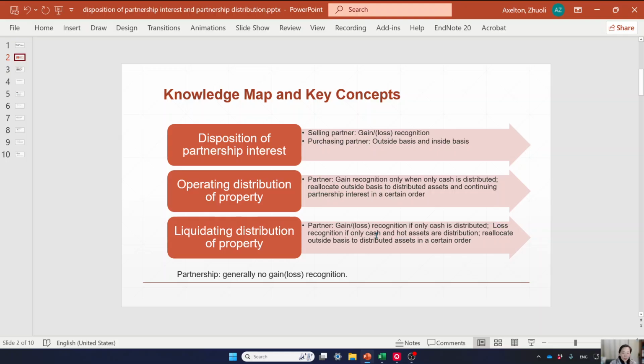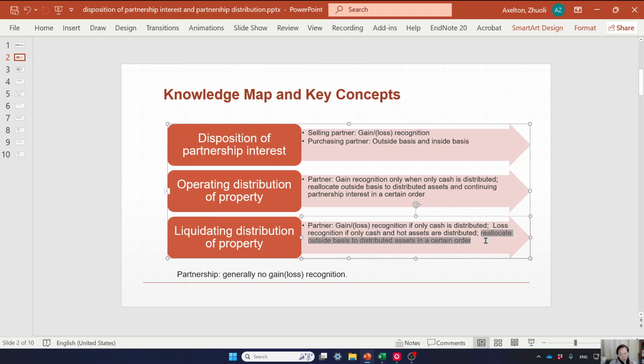However, if only cash and hot assets are distributed, then the loss can be recognized. In all other scenarios, the partners are required to reallocate their outside basis to the distributed assets in a certain order. So the calculation gets a little more technical in the third scenario.